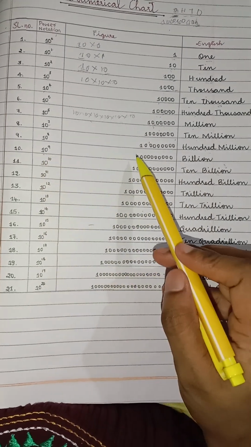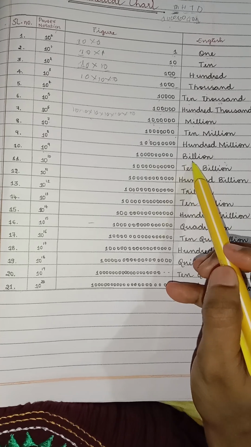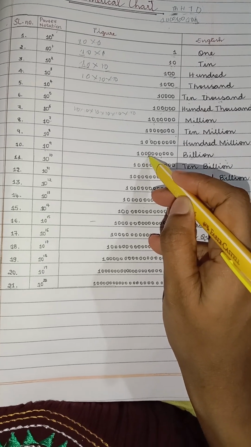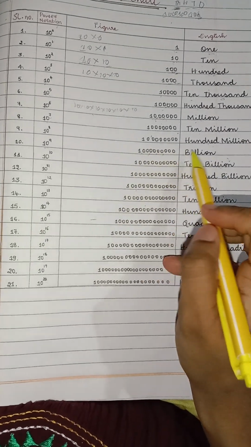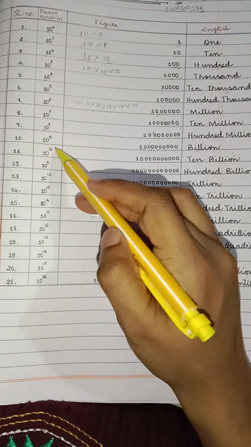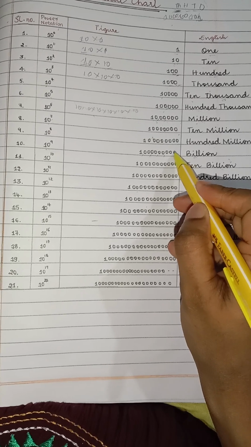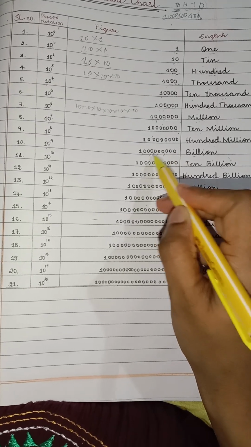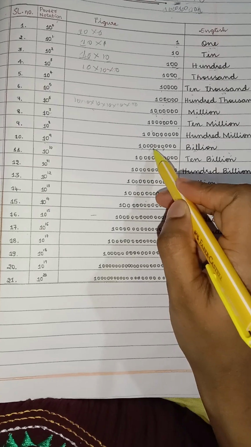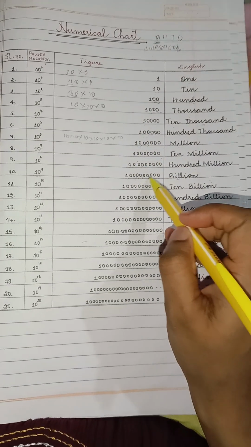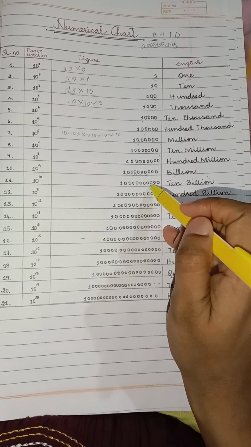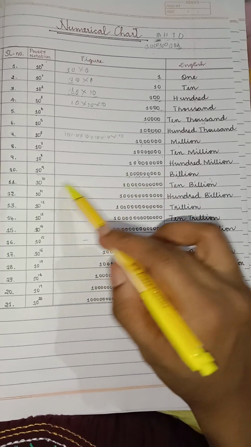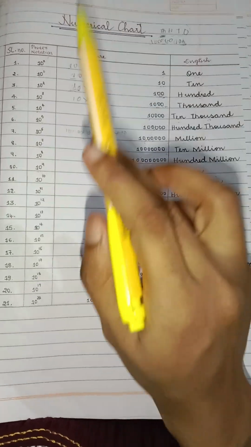And when we multiply tens 9 times, we will get a billion. In the English system, we divide the numbers at intervals of 3 zeros, whereas in the Indian system we divide the first 3 zeros, then 2 zeros, 2 zeros, 2 zeros. In this way, the English and Indian systems dominate the numerical chart.